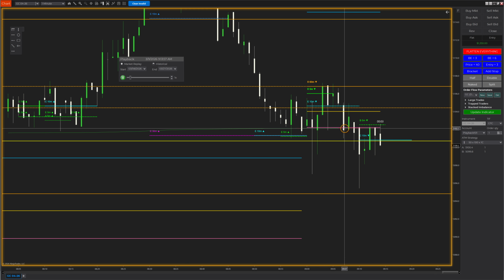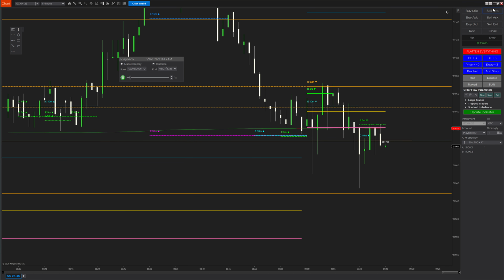I probably should have just held this and put my stop back there instead of re-entering. Oh, it did close below it. Oh man. See it pull back a little. Pull back to the level.